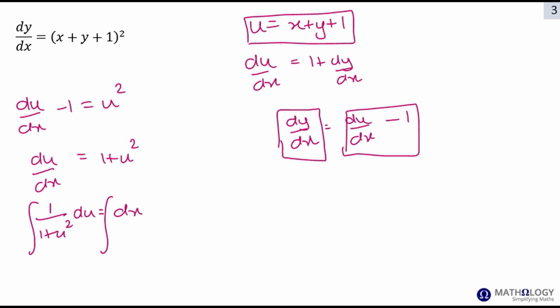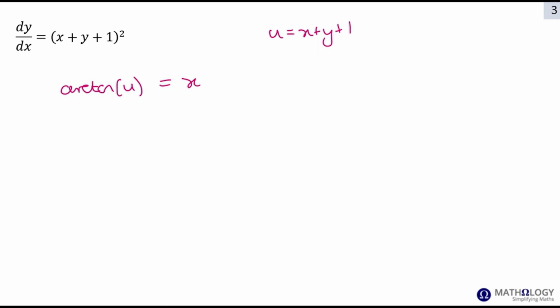So the integral of 1 over 1 plus u squared equals arctan u, or if you prefer, tan to the minus 1 of u, and that equals the integral of 1 dx, which would just be x.